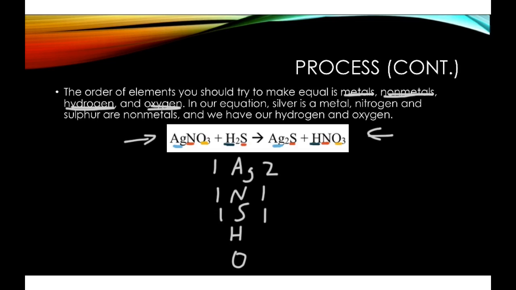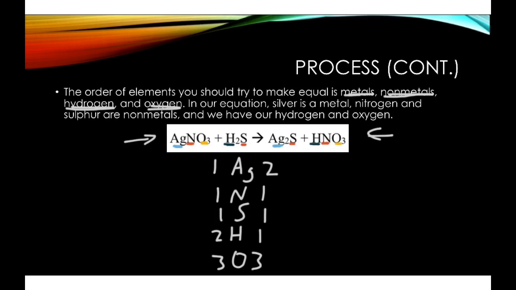For my hydrogens, on the left, I have 2. On the right, I have 1. And for oxygen, I have 3 and 3. So, first thing, I can already tell that my silver is not balanced, and that's the first thing I need to fix.